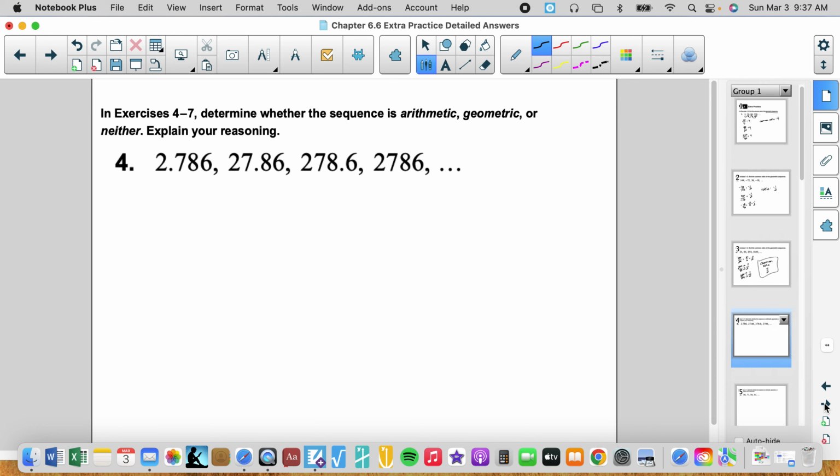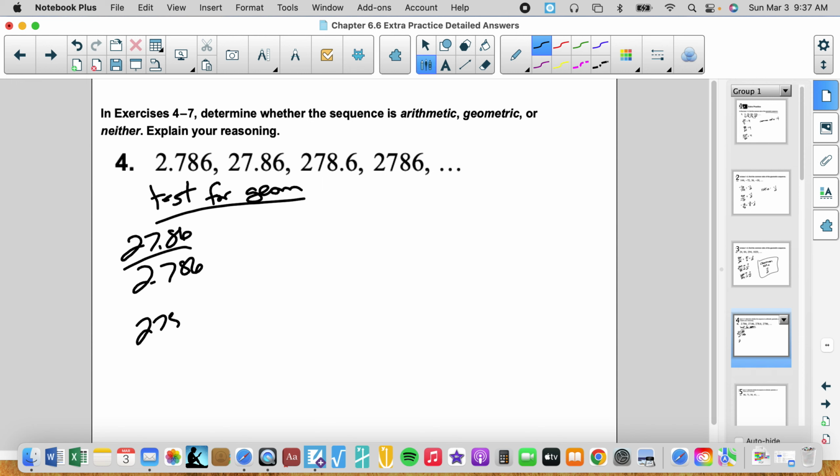Now determine whether the sequence is arithmetic, geometric, or neither. I'm going to test for geometric first. 2.786, 27.86, 278.6, 2786: 27.86 over 2.786 is 10, and the next ones are 10 and 10.